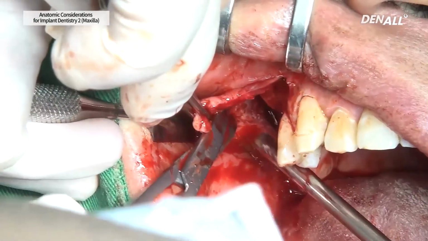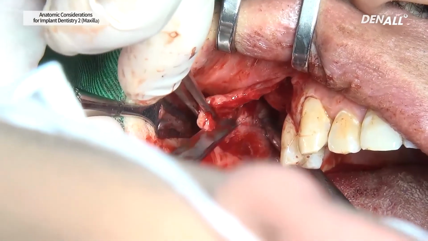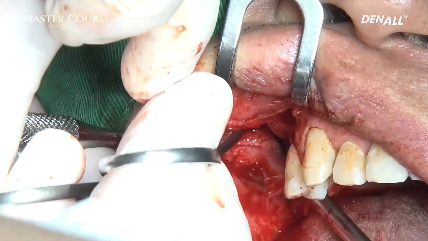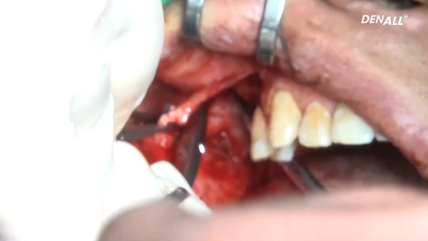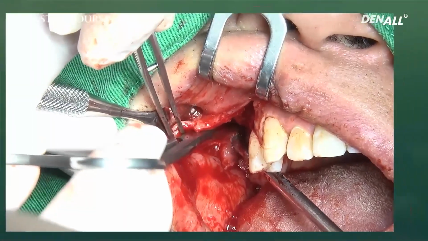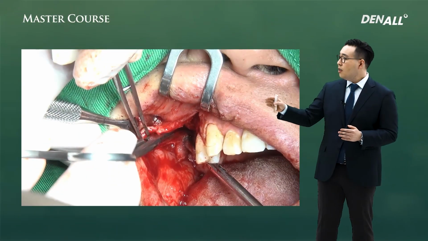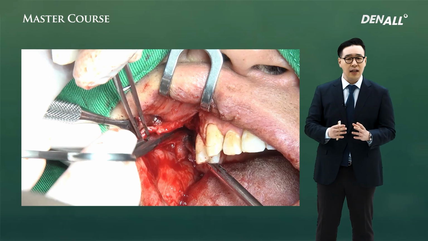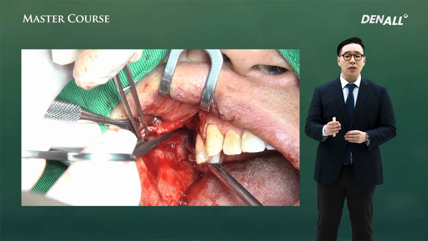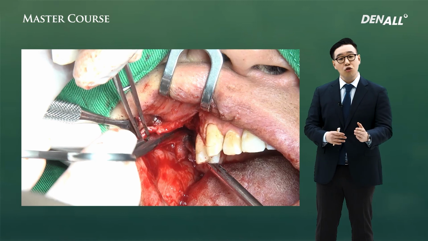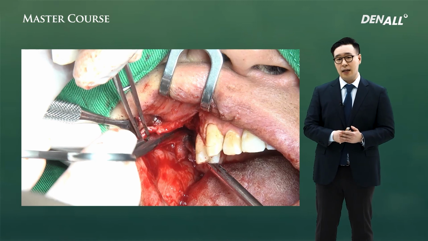So you need to be careful. Here, the bone and sinus grafting need to be done together. So if the flap needs to be opened wide, the vertical incision or release incision could rarely result in blood vessel rupture. So you need to be careful.